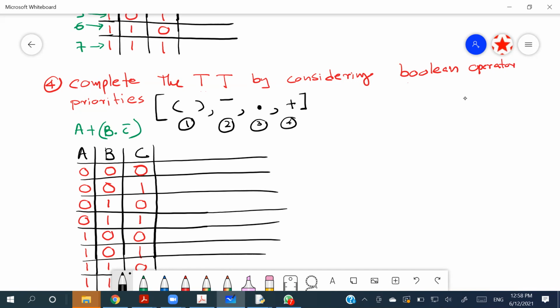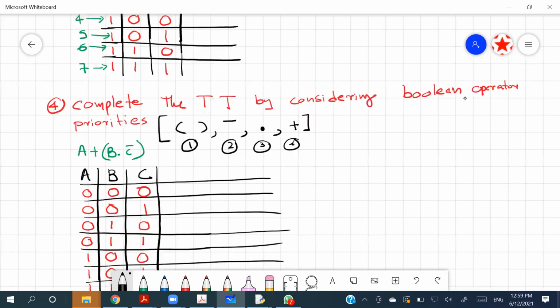So when you take a bracket, you should go inside the bracket. Inside the bracket, you can find two types of operators. What are those? The multiplication operator, which is the and, and the not operator, right? So from this list, the not operator takes the first priority.